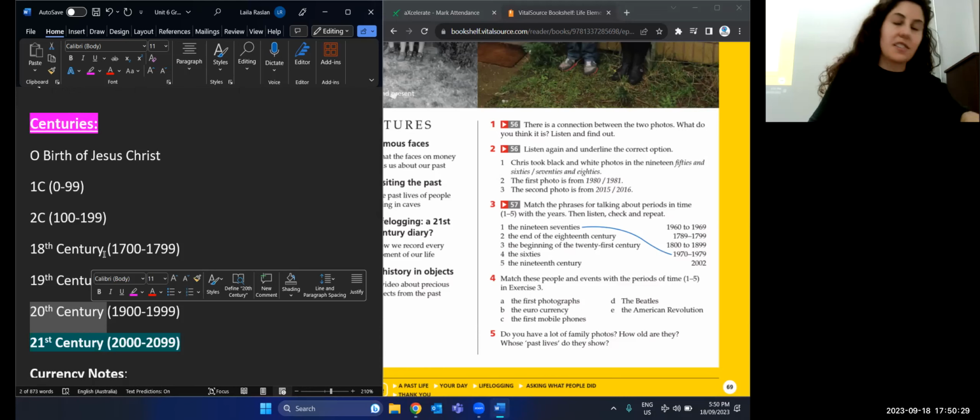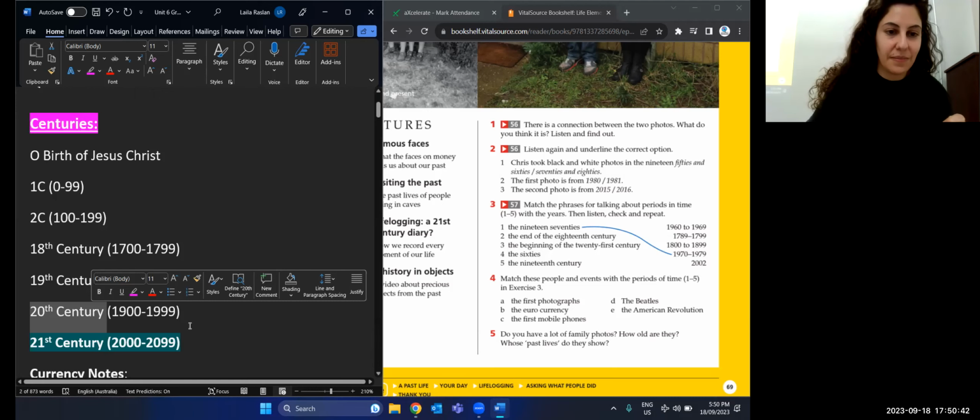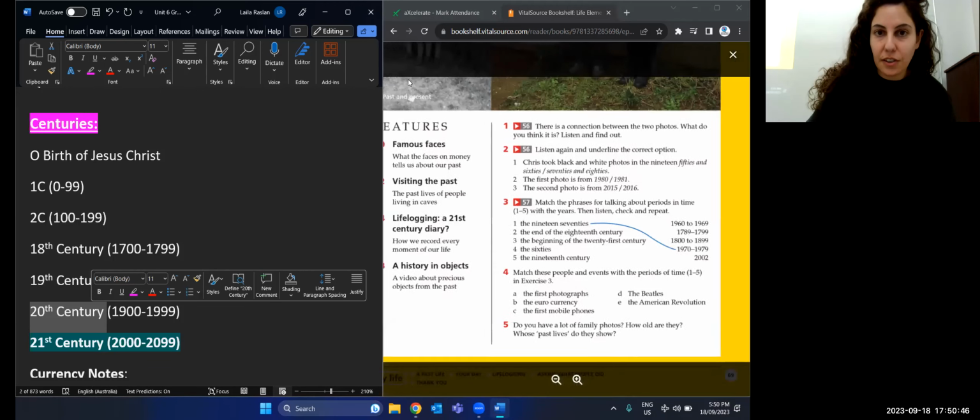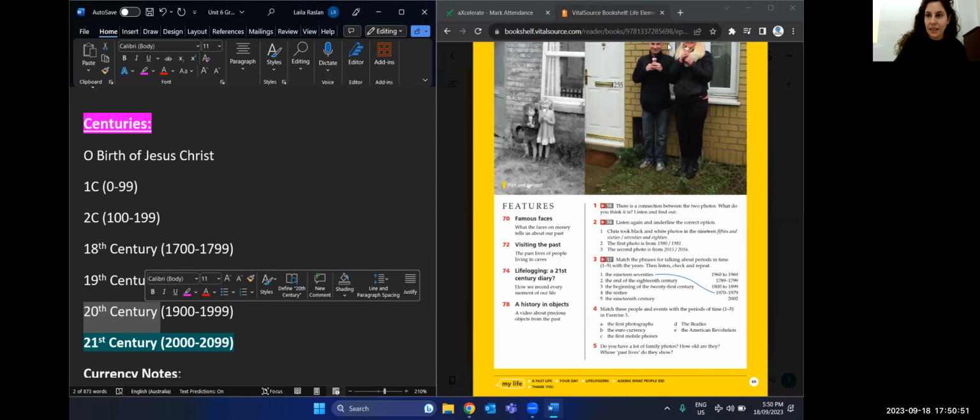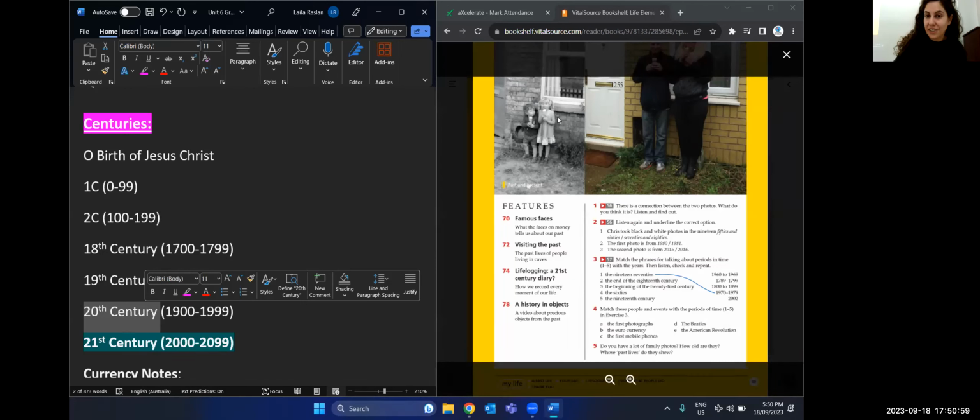Oh, sorry, this is the first photos in history. I think it's meant to be the first photos in history. If we're looking at our textbook, this first photo, the one in black and white, was in the 20th century. 1981, that's this photo, yes.